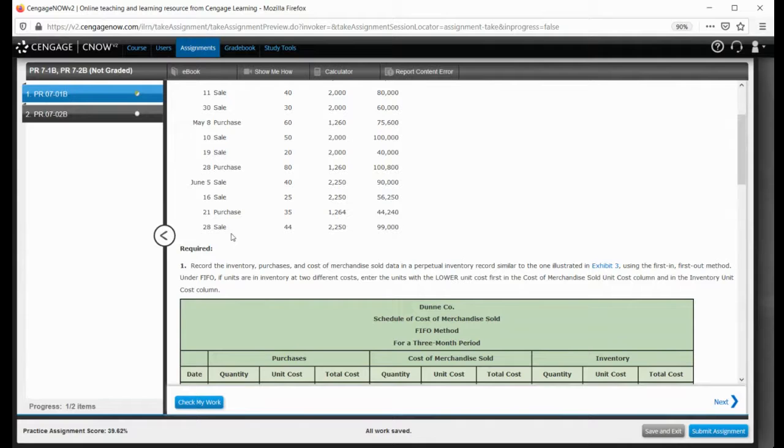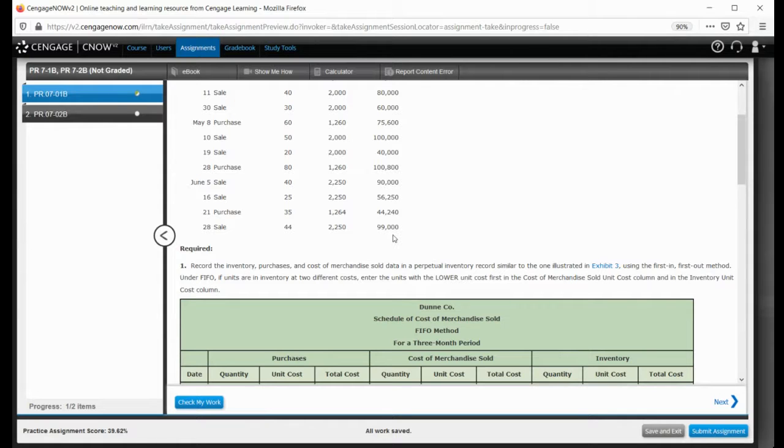So in my last transaction, I've got another sale. Notice the amount of my sale is $22.50, same amount that we sold for before. 44 times 2250 is 99,000. That's the total amount of our sales. So in our journal, there would be two journal entries in a perpetual inventory system.